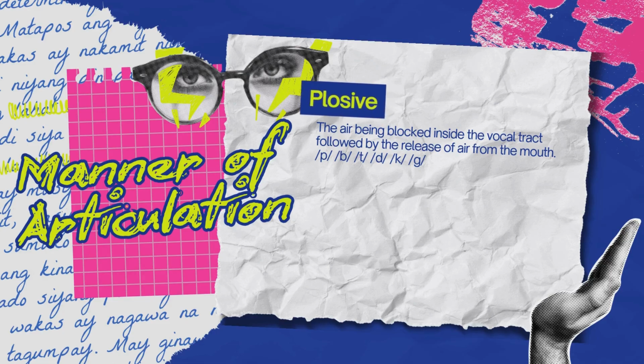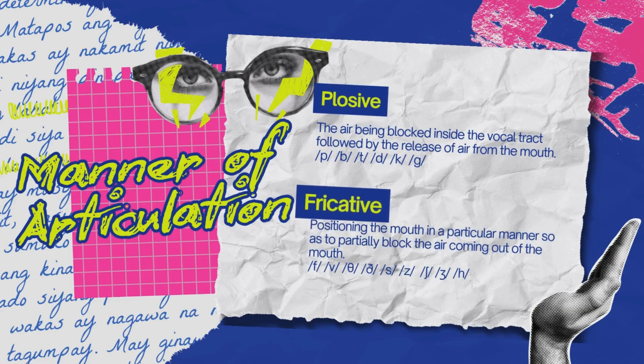The first one is plosive. Plosive is when the air is blocked inside the vocal tract, followed by the release of the air from the mouth. For example, p, b, t, d, k, and g. The next one is fricative.